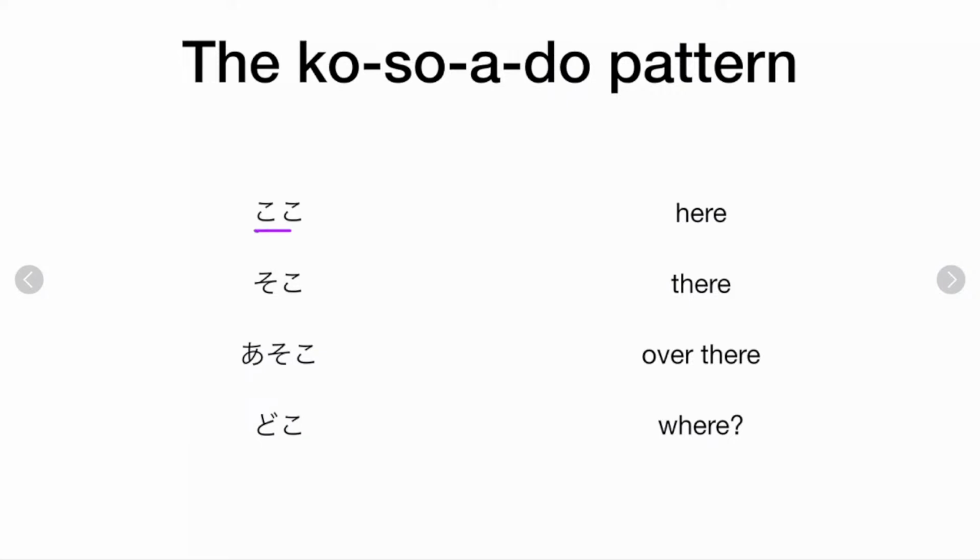So you have koko is here, soko is there, asoko, not ako, but asoko, which is over there, and doko, which is where. Okay, so again, it's the same ko, so, a, do pattern, and it's the same spheres of influence.